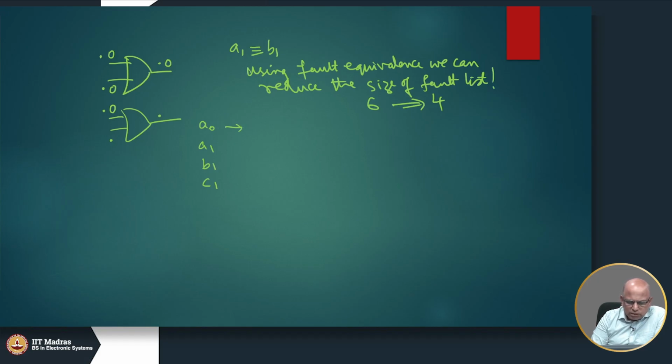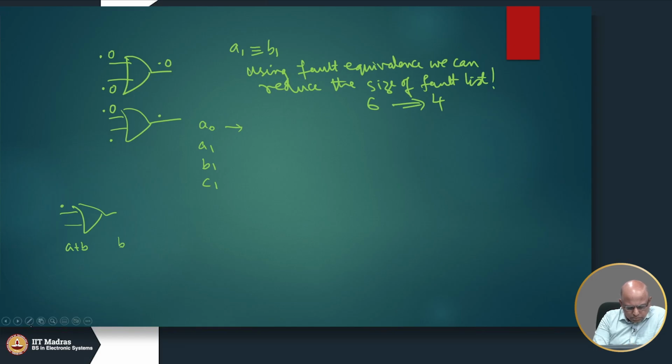For A0 testing, a good circuit will produce A plus B, whereas a faulty circuit will produce B. So, we have to somehow make sure that these are different.